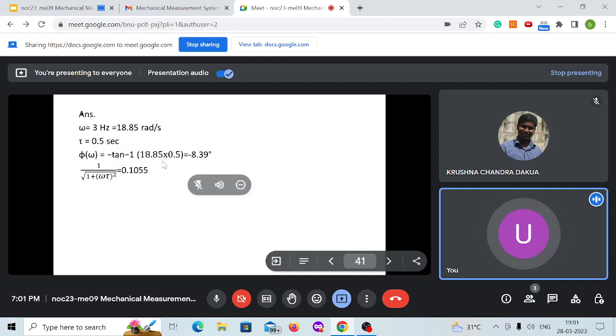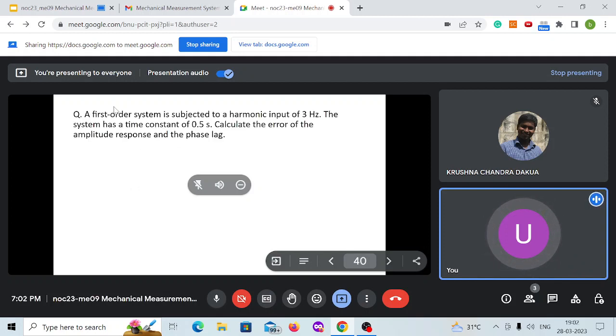We substitute omega 18.85 and tau 0.5 seconds, which gives minus 8.39 degrees. And we also know that the amplitude ratio is 1 by root over 1 plus omega tau square. There we substitute omega tau values, 18.85 times 0.5, square of that plus 1, square root. So you will get 0.1055. That's what was asked in the question.